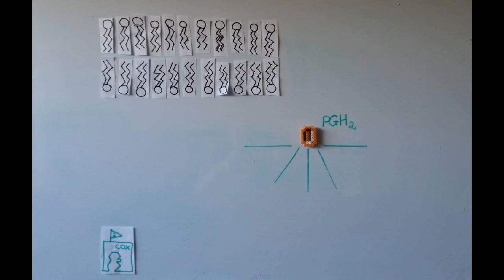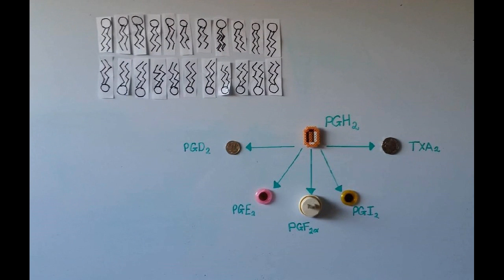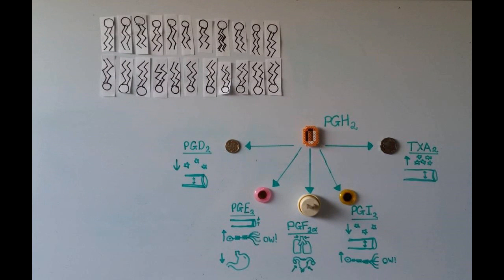PGH2 can then be used down many different pathways through a variety of synthase enzymes. These produce many prostaglandins including PGD2, PGE2, PGF2-alpha, PGI2 prostacyclin, and TXA2 thromboxane. Each of these prostaglandins impacts tissues in a variety of ways and causes the symptoms characteristic of inflammation.